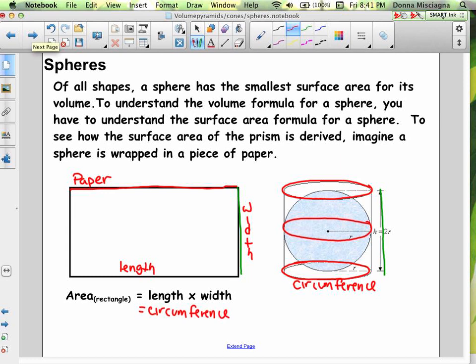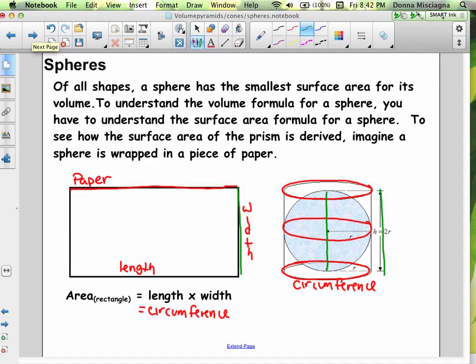And how about the width of my paper? This green distance here. Well, I'm going from the bottom of the sphere to the top of the sphere. I have it drawn over here, but I could have just as easily put it right there. If you're looking at the sphere, you notice that that would be the diameter. That's the diameter of the sphere.